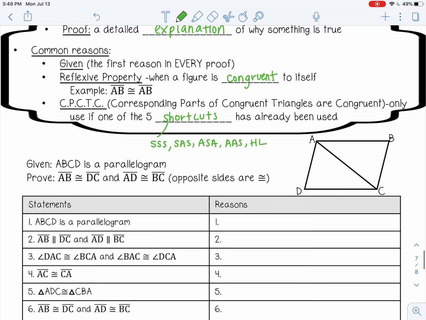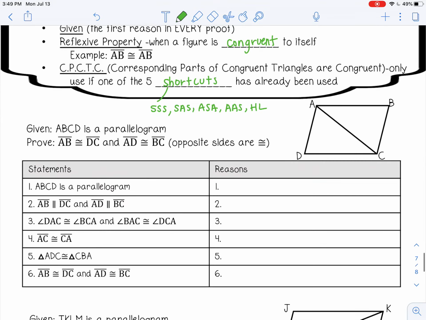So given ABCD is a parallelogram, prove that AB is equal to DC and AD is congruent to BC. So we're proving that opposite sides are congruent. So ABCD is a parallelogram, that would be given.